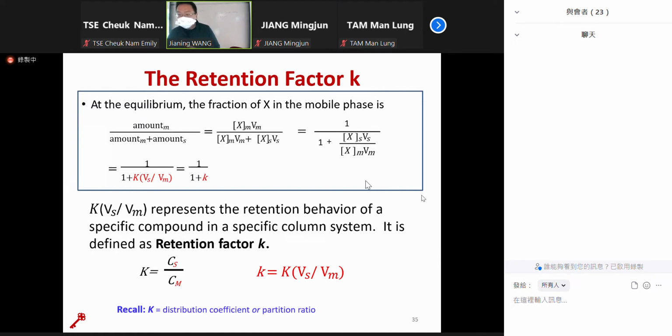Because we have the connection from the macro or measurable quantity, and those quantities connect with the structure of some of the inner properties of the column, we have a way to optimize our method. So that's the connection. This is a very important factor.